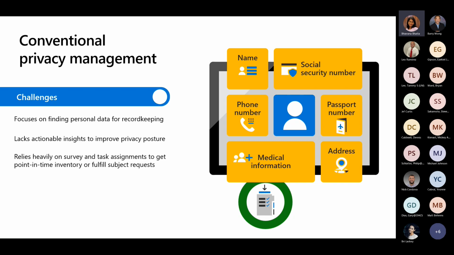These departments fill in the questionnaire, and thus the organization creates a data map or data inventory. But this data map serves more like record keeping, and it doesn't really provide any actionable insights. Since these software solutions don't provide any automation, organizations cannot really do much to improve their privacy posture.